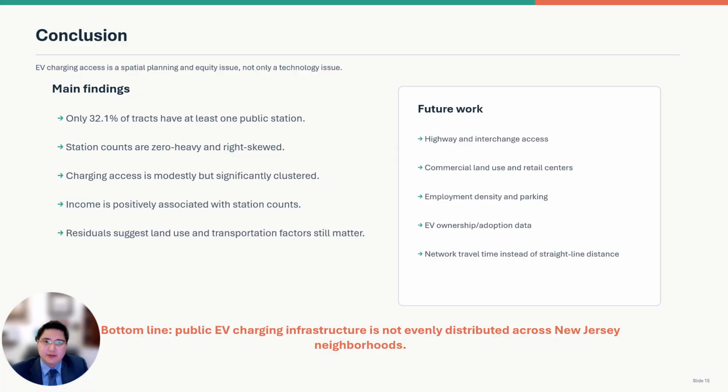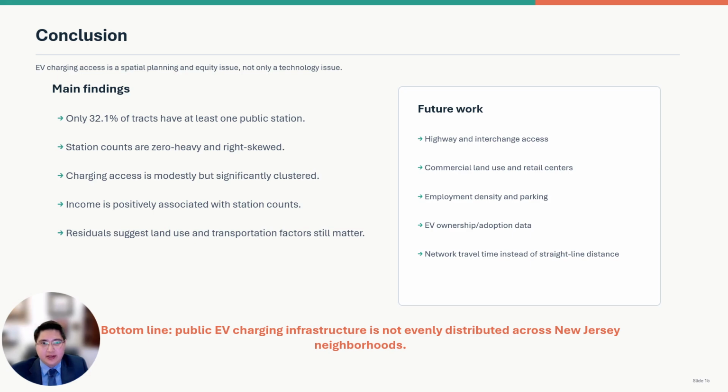Moran's I shows modest but statistically significant spatial clustering, so access is not randomly distributed across space. The regression results suggest that income is positively associated with station counts, while owner occupancy is negatively associated. The residual results show that demographics do not tell the whole story.